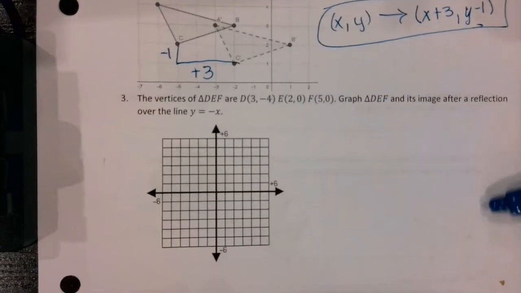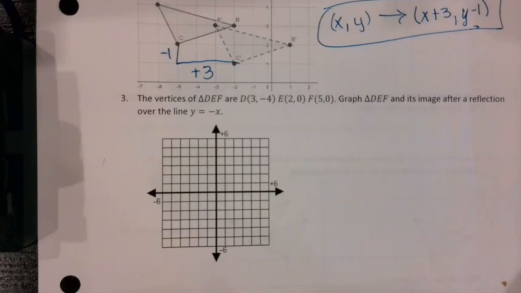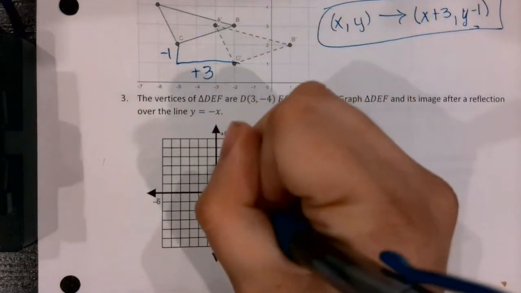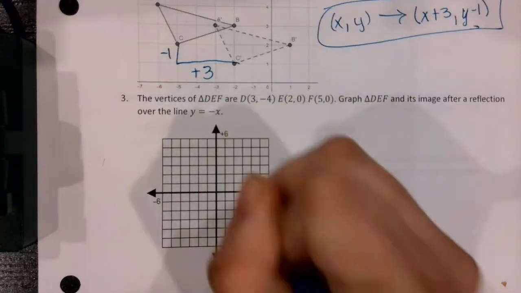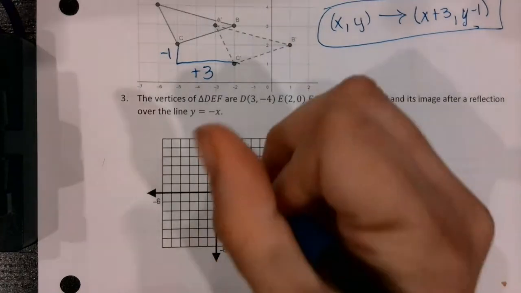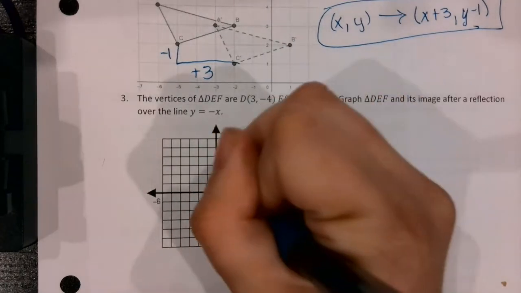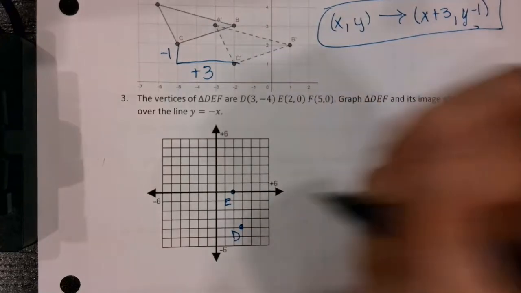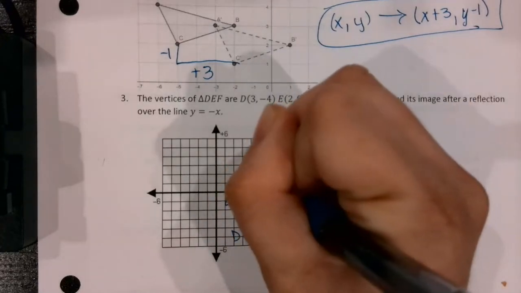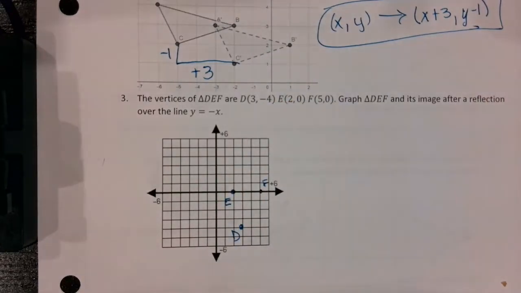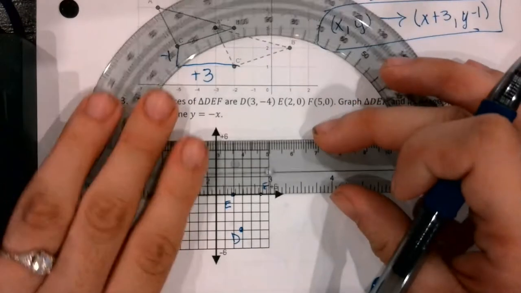Okay. Number 3, it wants me to graph this triangle first, so 3, negative 4, 2, 0, and 5, 0. Okay. Then I want to connect my points.